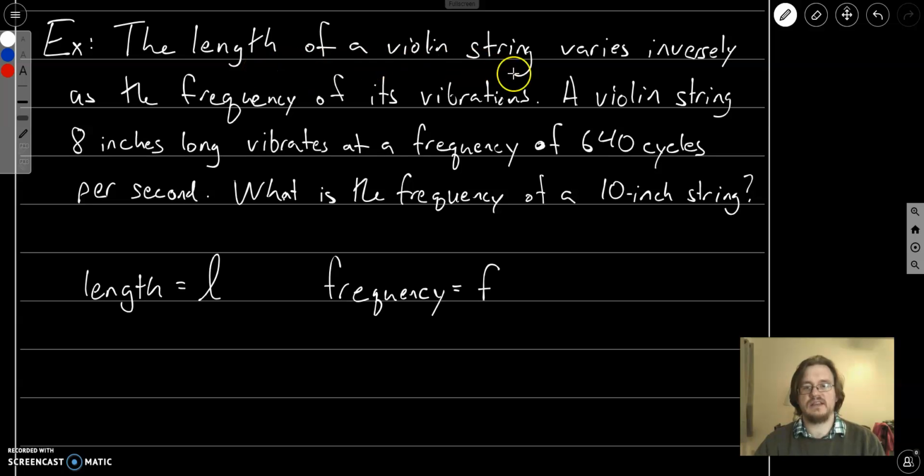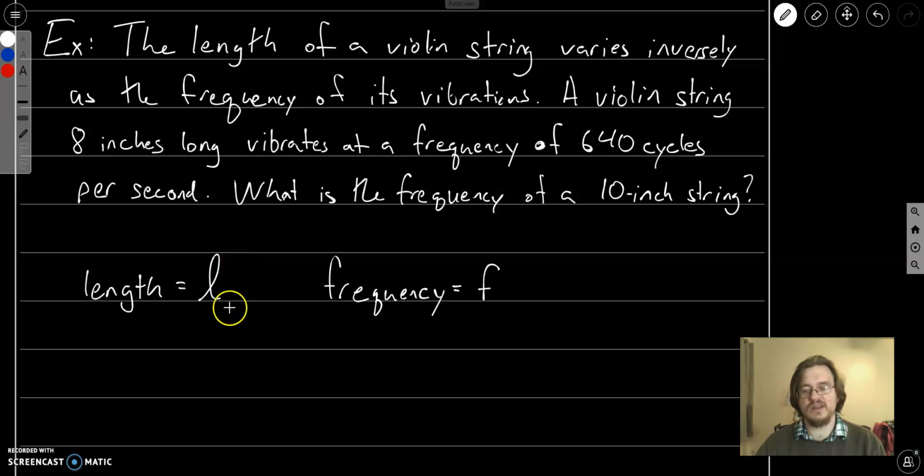So the length of a string varies inversely as the frequency of its vibrations. So as the length increases, you take a longer and longer string, it vibrates slower and slower. As L gets bigger, f gets smaller.